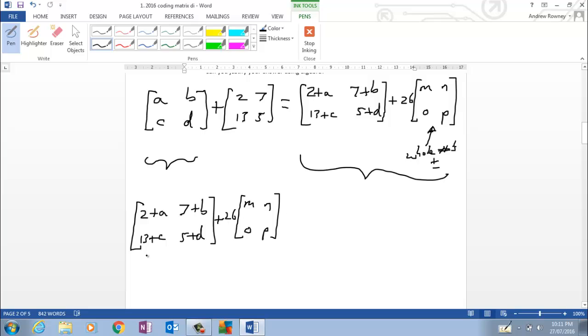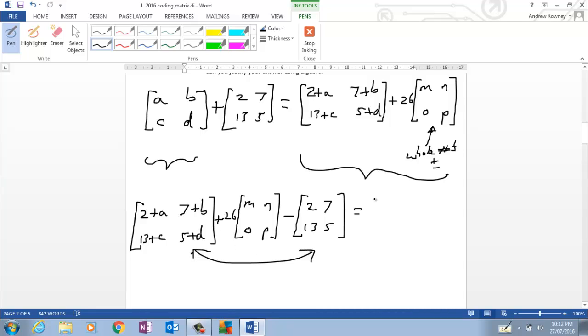And this is what the receiver gets, and the receiver immediately subtracts off the coding matrix, which is 2, 7, 13, 5. It doesn't matter which order you do matrices when you're adding and subtracting.